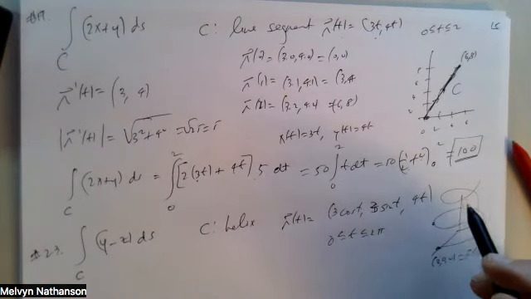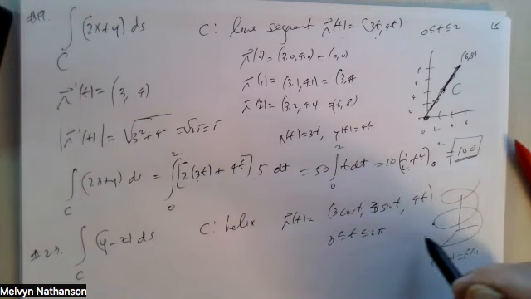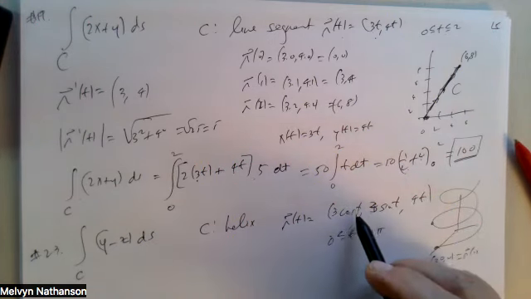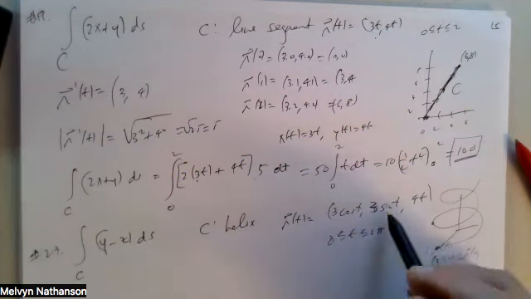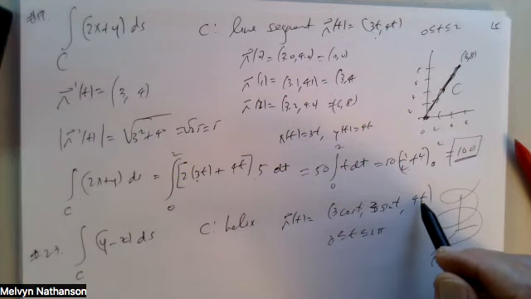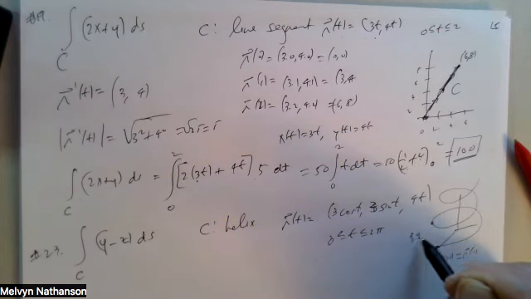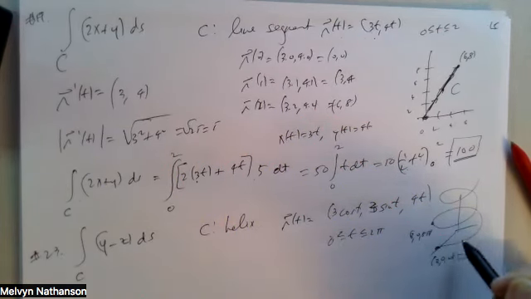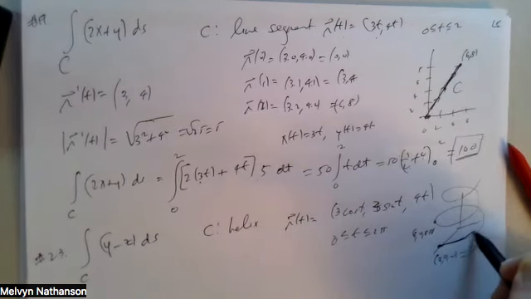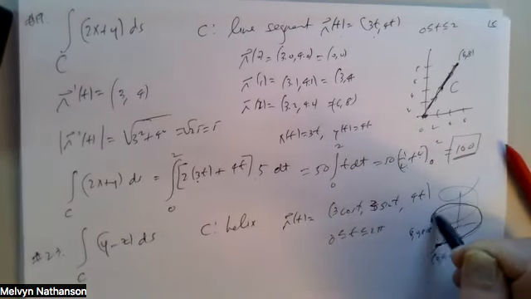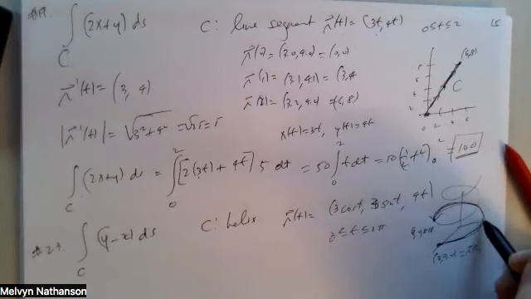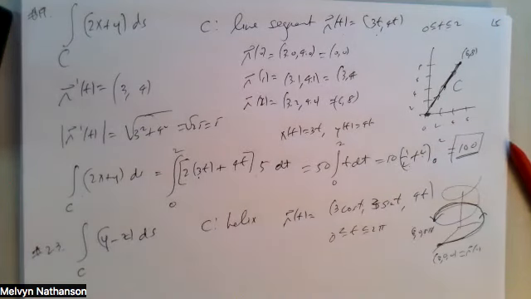And when t is 2 pi, this is 3 times 1, 3 times 0, 8 pi. You're moving around 1 loop of this helix.